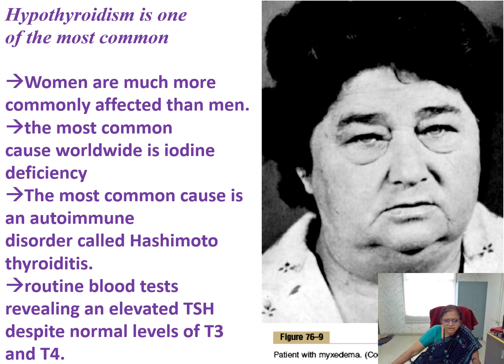A routine blood test reveals elevated TSH and depressed T3, T4, or decreased levels compared to normal. So elevated TSH is the diagnostic feature to confirm hypothyroidism. Whereas in hyperthyroidism, TSH levels will be low and T3, T4 will be high. This is how we confirm it.